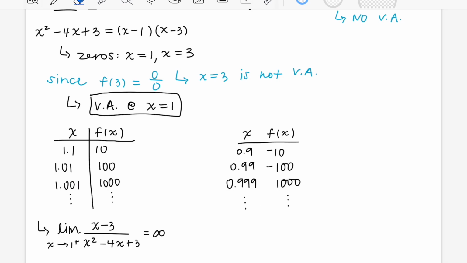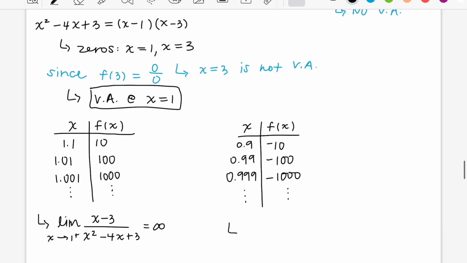So this tells us that the limit of our function, as we're getting closer and closer to 1 from the left, is getting bigger and bigger negative. So it's approaching negative infinity.